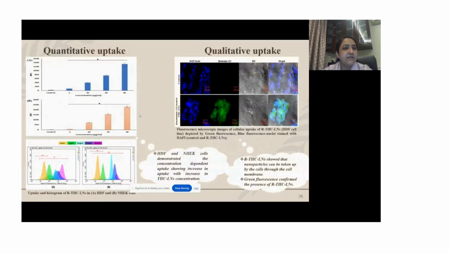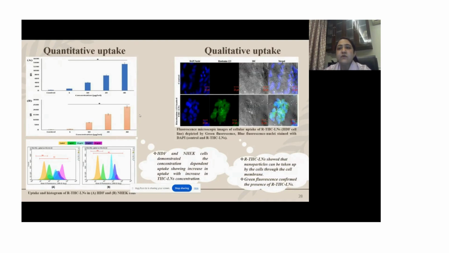So next, I have done quantitative uptake and qualitative uptake. In quantitative, it demonstrates concentration dependent uptake, showing an increase in uptake with increase in THC SLN's concentration. With the help of the cell viability study, I have selected 20 microgram per ml concentration, which is safe for human dermal fibroblast cells. But I have used up to 40 also, because it can show the uptake also.